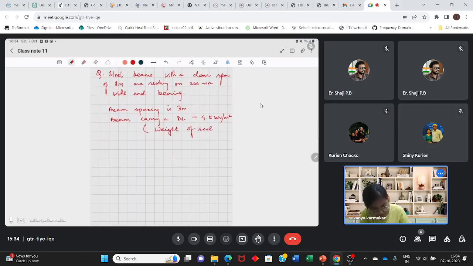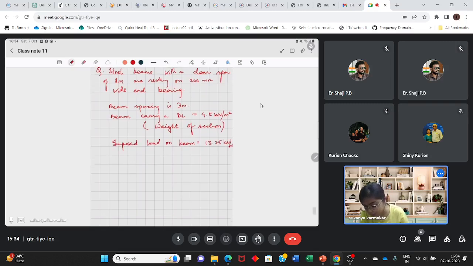And imposed load on the beam is 13.25 kilonewton per meter square.